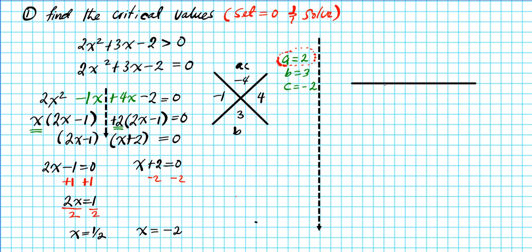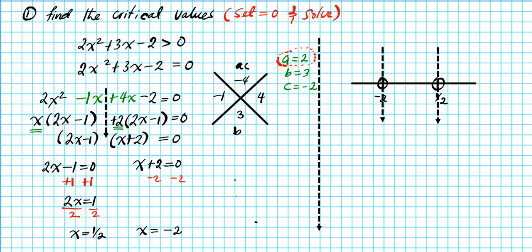Okay, so let's say this is -2 right here, and then we have 1/2. We're going to use an open circle because those two values are excluded from our solution region. Okay, so we have an open circle there, and I want to partition the region so you can clearly see what's going on.